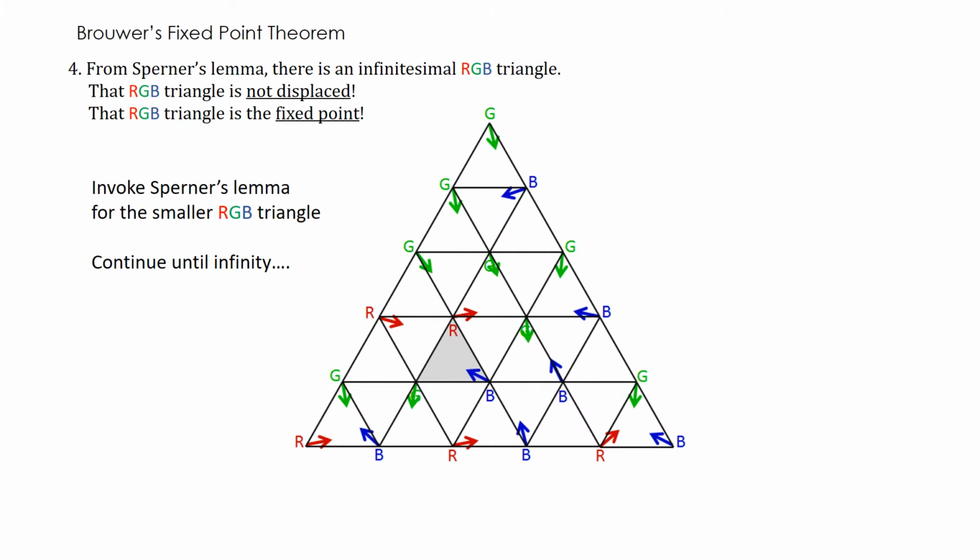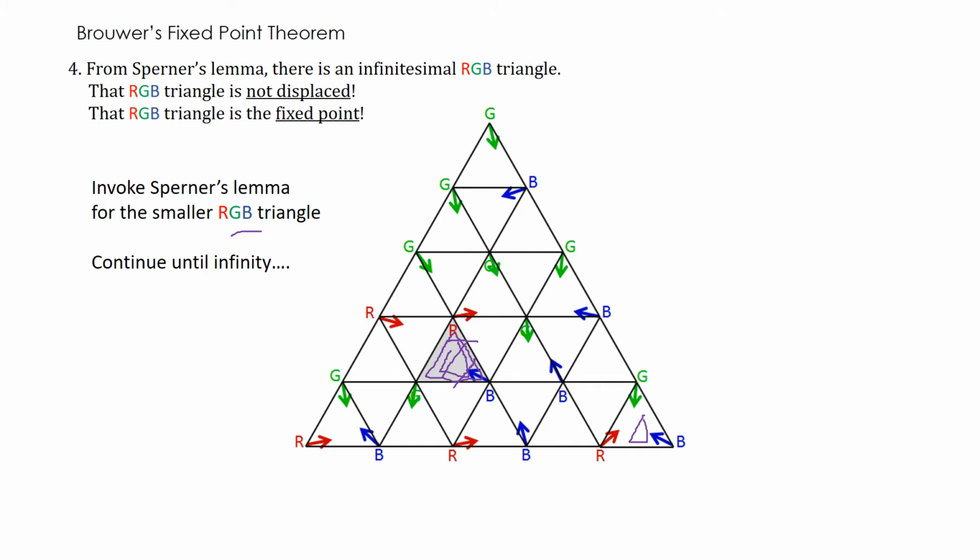And if this is not convincing, we can again partition this small RGB triangle, or pick any small RGB triangle, and partition it into even smaller triangles, and then apply Sperner's lemma and keep continuing the process till we get infinitesimal RGB triangles.